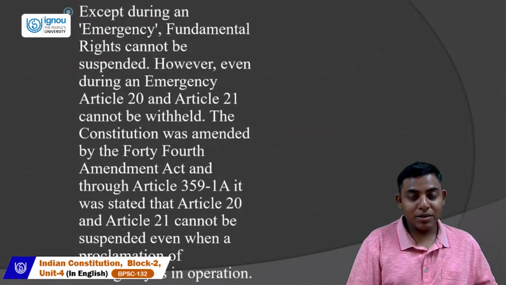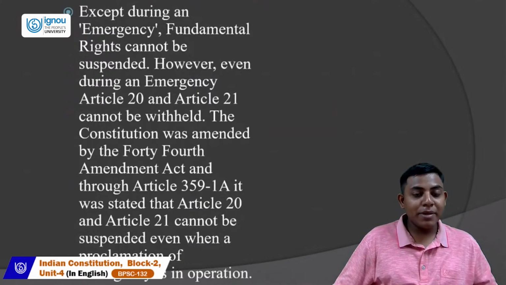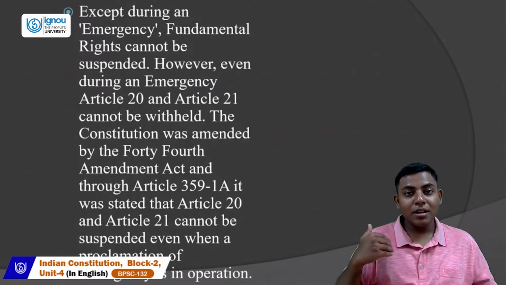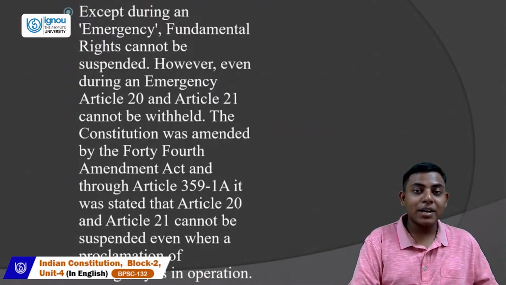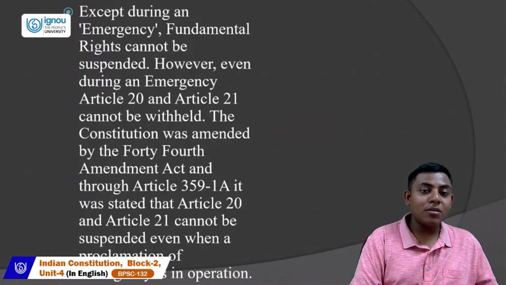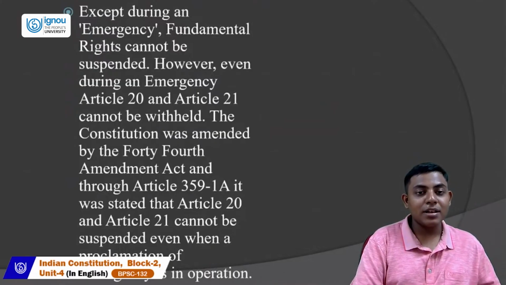Then we have Article 27, which says that no tax shall be collected from any person for practicing their religion. So earlier, the Muslim rulers used to collect the jizya tax from the Hindus for practicing their religion. So that is why Article 27 has been inserted, that no tax shall be collected from any religious group for practicing their religion.